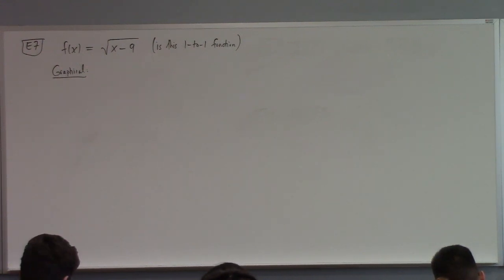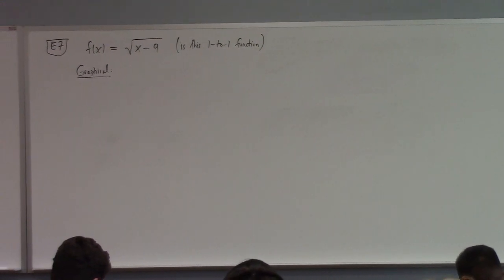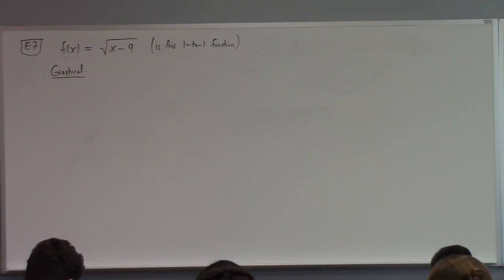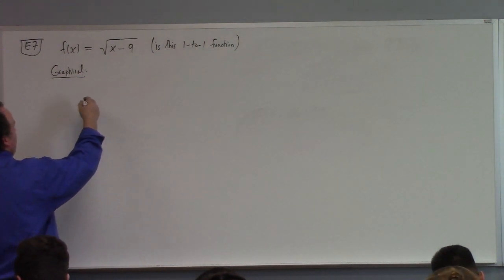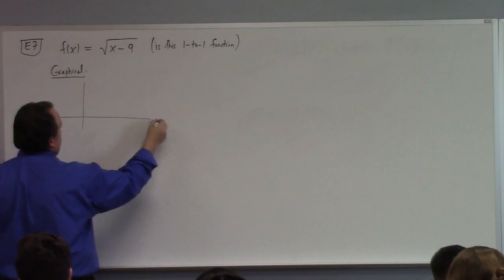So a more robust statement of my example that I was giving a second ago is that we should always defy tyrants. What's a tyrant? Somebody who's exceeded their God-given authority in whatever position that they're in. Anyway, I digress. Graphical here, so we have the square root function, and where does it start?